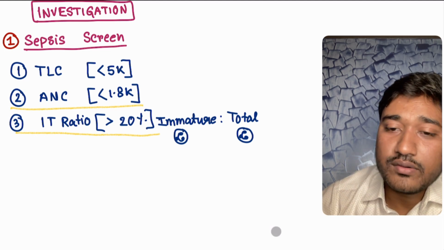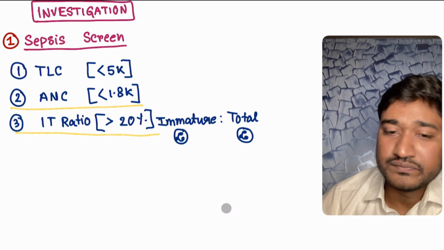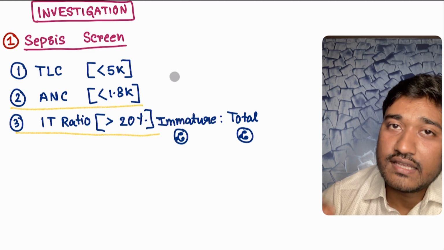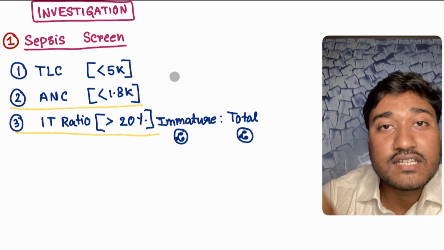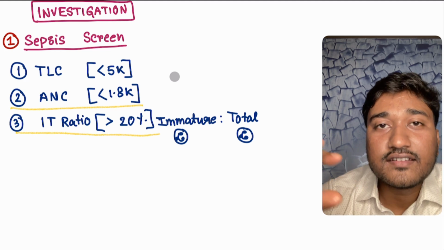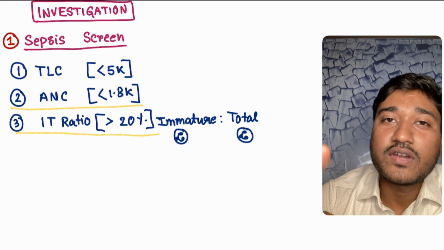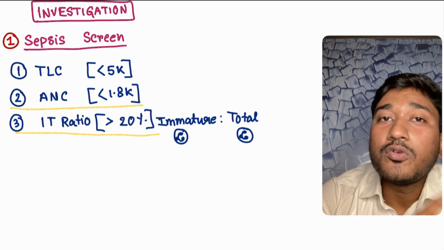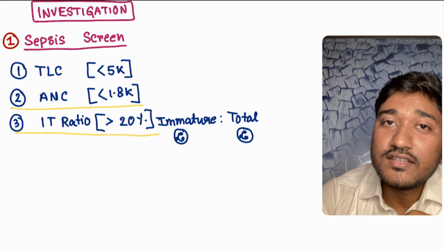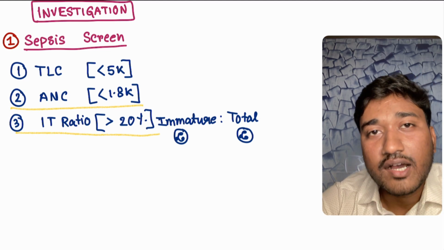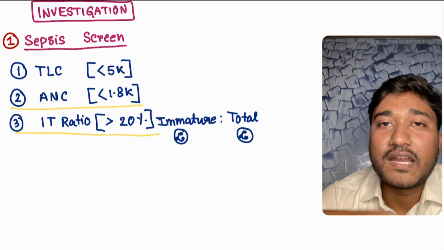So look here how it is actually happening. If there is infection, there is sepsis, especially gram-negative sepsis, and the cytokines are actually moving into the bloodstream. These cytokines going into the bone marrow of the baby, and eventually this cytokine basically pushes the immature neutrophil to come inside the blood circulation.